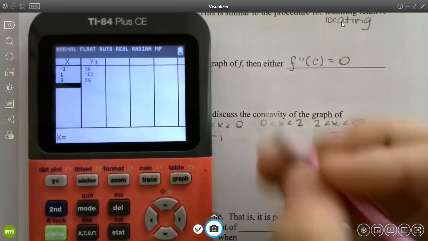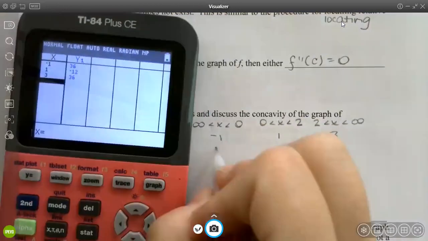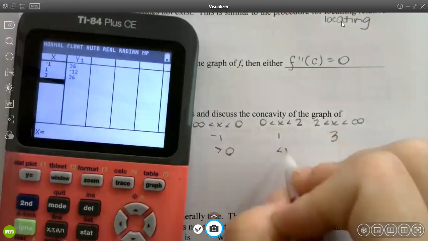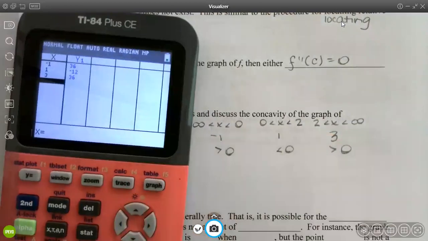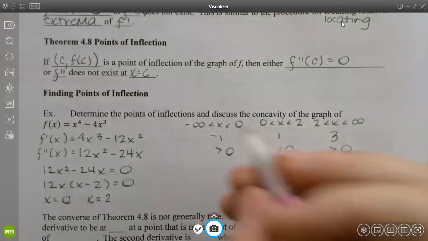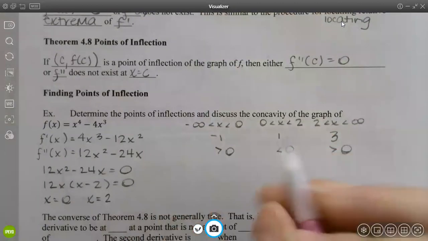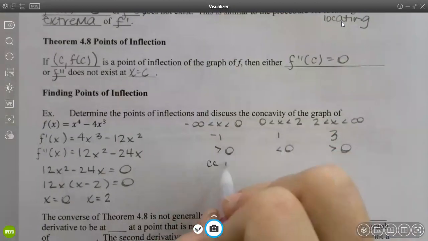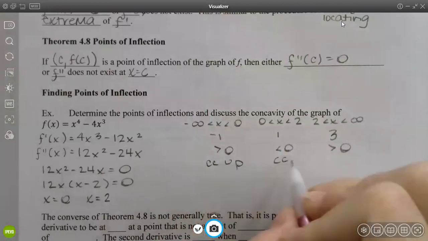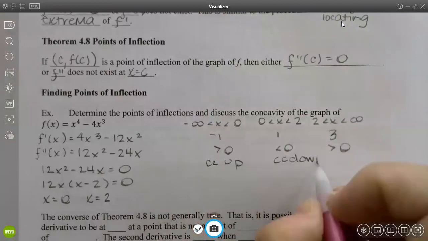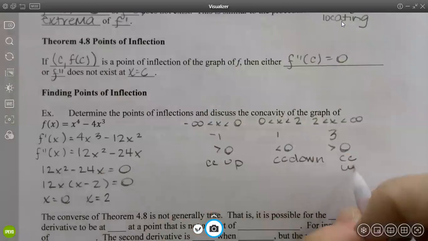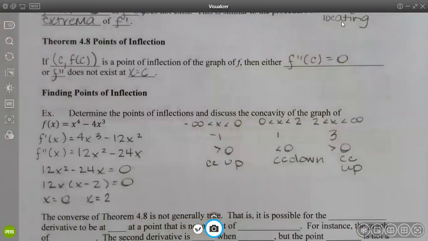So we get greater than 0, less than 0, greater than 0. That means greater than 0 is concave up, less than 0 is concave down, and again, greater than 0 is concave up. Where are your points of inflection?